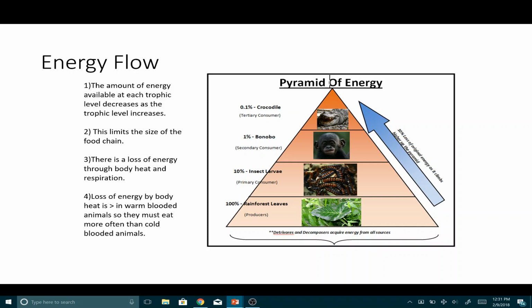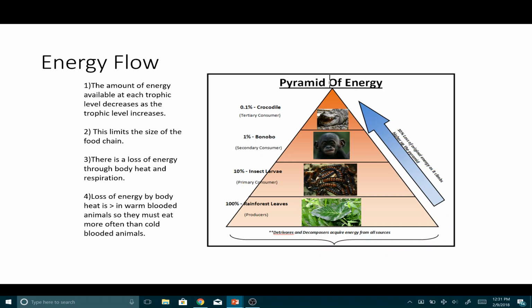And then the amount of energy decreases as the trophic level increases. This is going to limit the size of the food chain. There's a loss of energy through body heat and respiration, especially for warm-blooded organisms or endothermic organisms. They're going to need that energy to generate body heat.